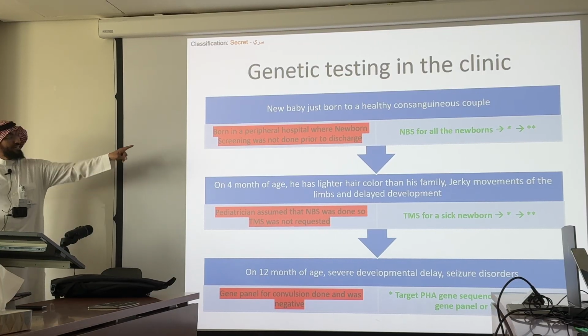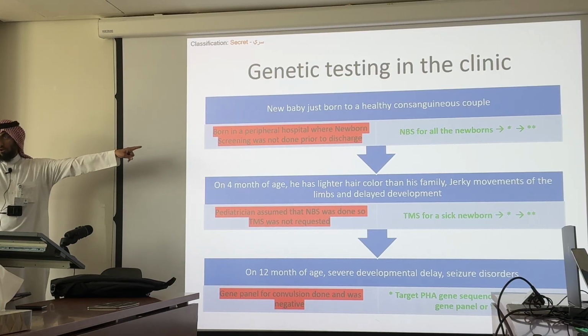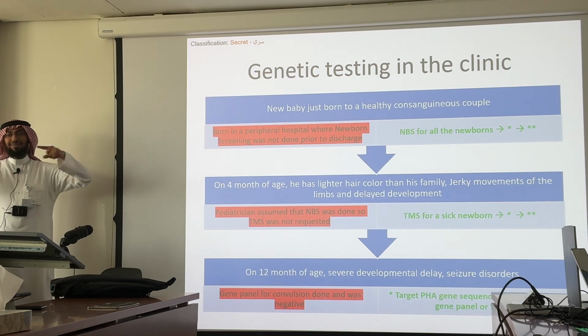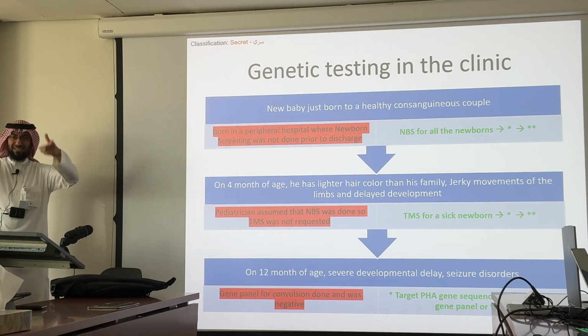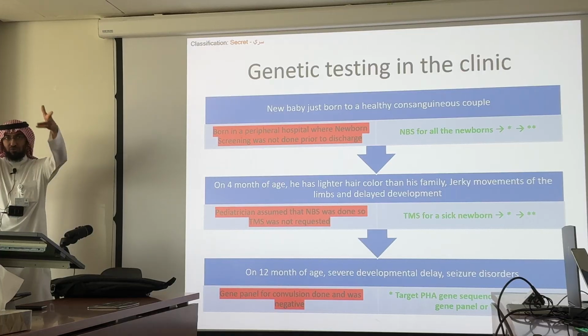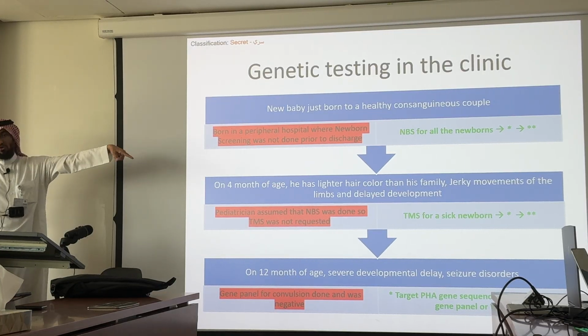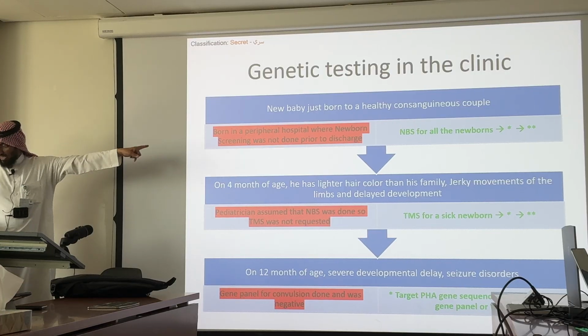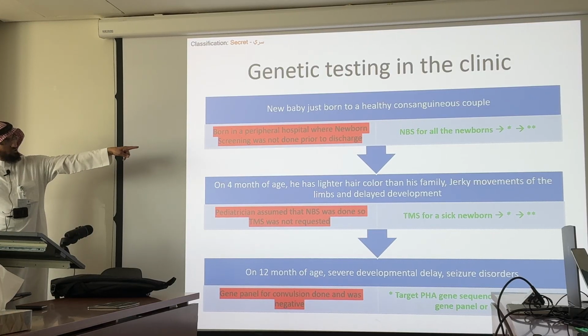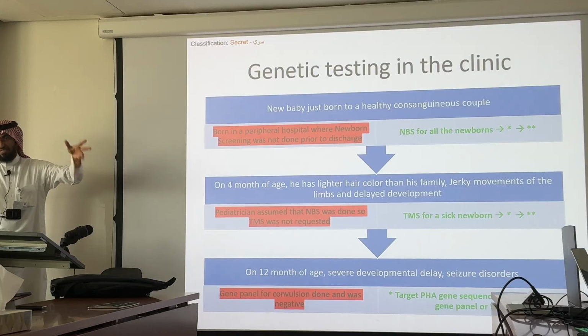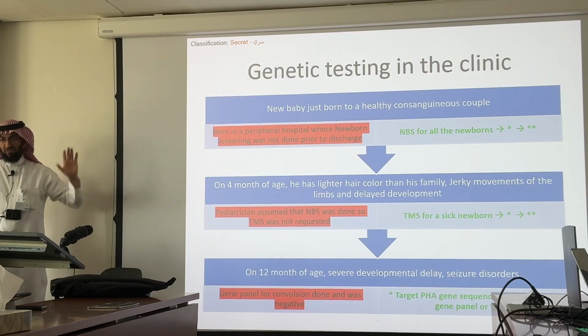Sometimes at star 1, when you have biochemical results suggestive of PKU, the next step is to confirm by genetic test, also to prevent the next pregnancy from being affected. So you ask for genetic confirmation. And at double star, you start treatment, feeding, and special diet, and you save this baby.